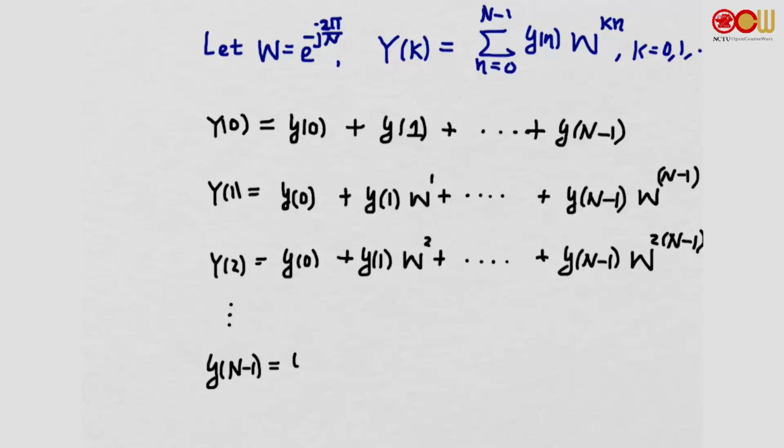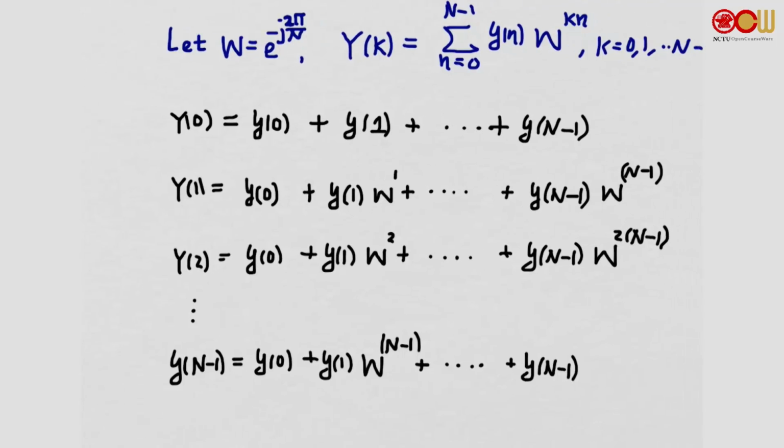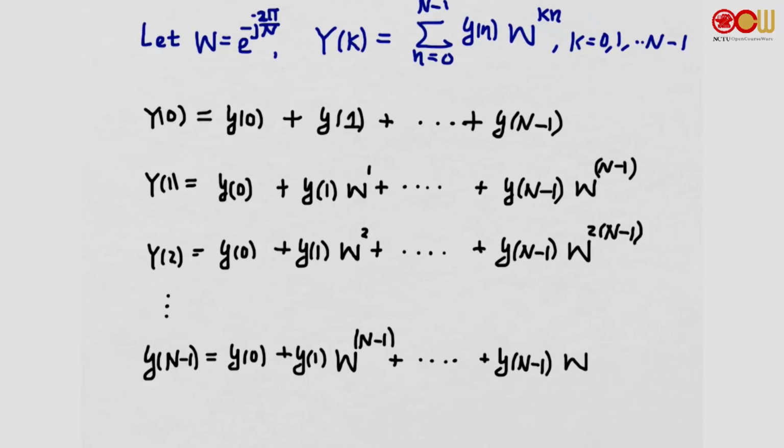Then we get y0 plus y1, and then w raised to the power kn. k is now n minus 1. Then continue on, y n minus 1, and k equal to n minus 1. This is k, and n also equal to n minus 1.